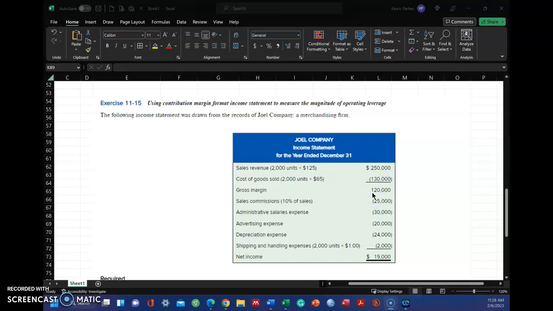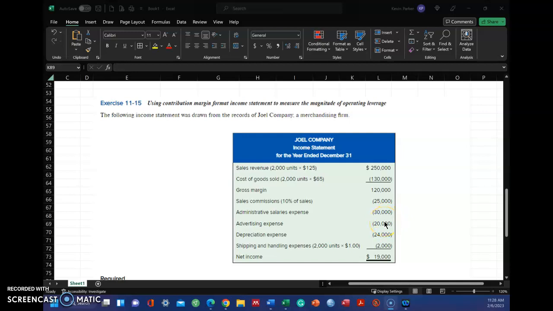From there we expense period costs, which remember I have said going back to the last chapter that period costs, you can easily think of them as all things related to selling and all things related to administrative costs that do not involve manufacturing. Sales commissions, administrative salaries expense, like this president, CEO, for example.